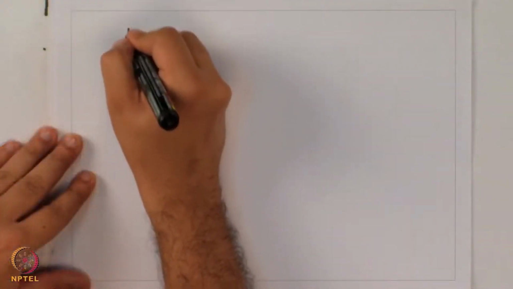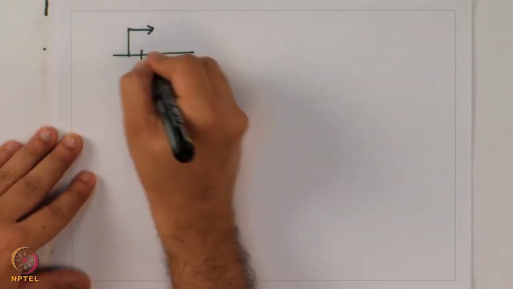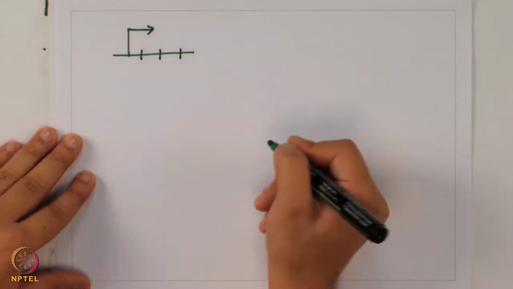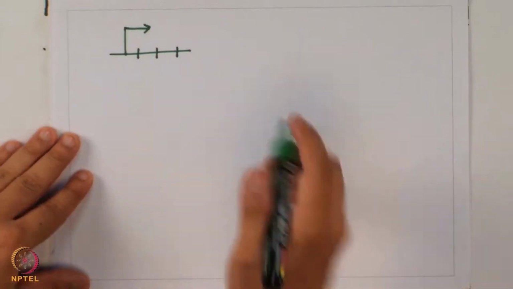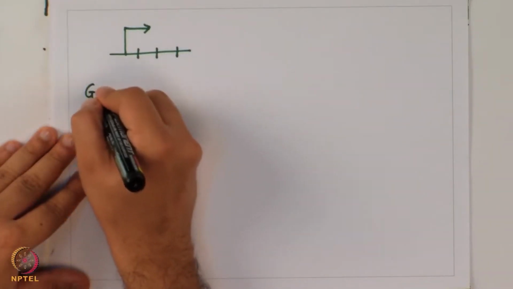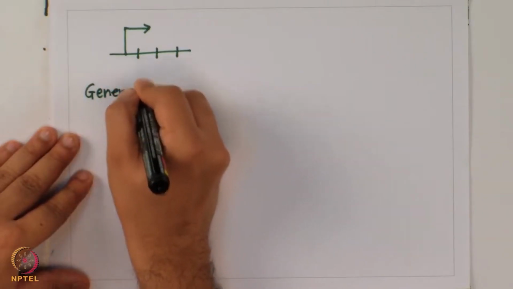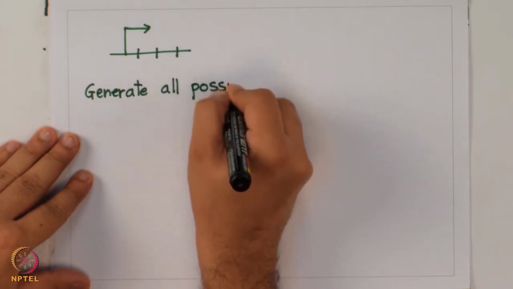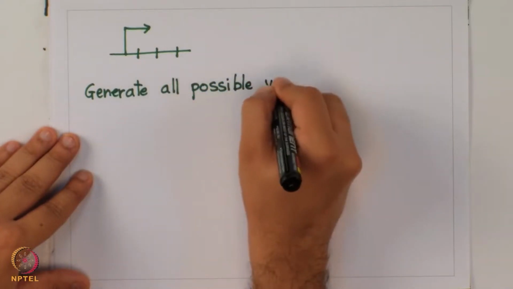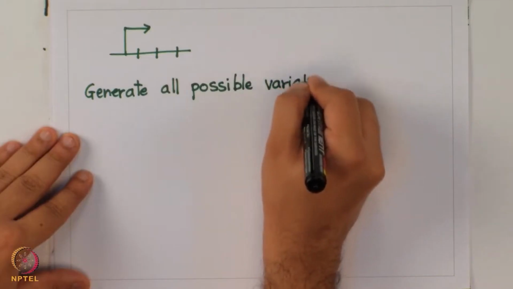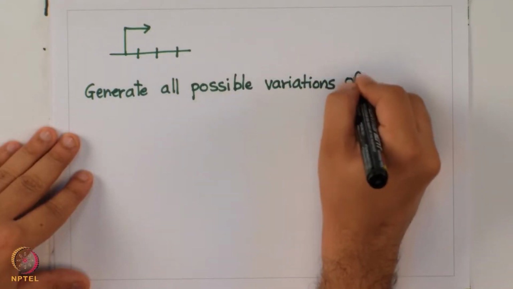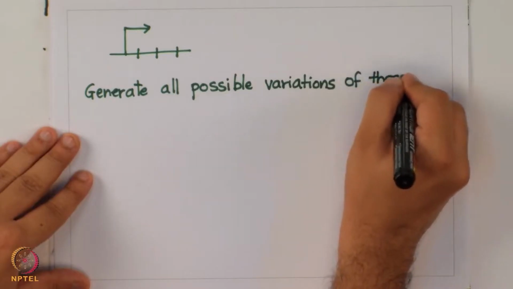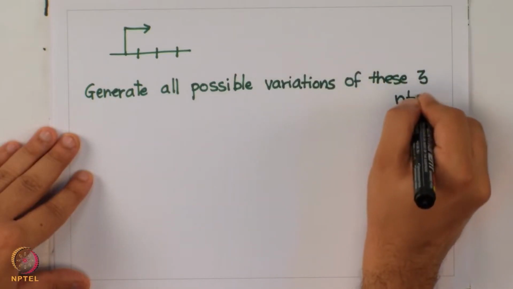Experimentally, what we are going to do is, we have this DNA sequence and we have these 3 nucleotides of interest to us. Now what we are going to do is generate all possible variations of these 3 nucleotides.